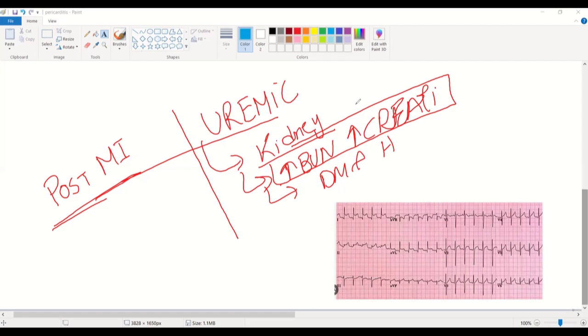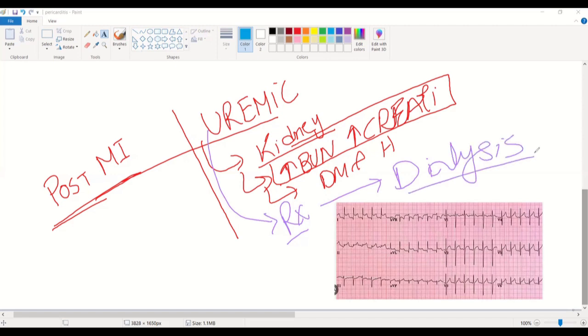So how will you treat uremic pericarditis? This is again a high yield point. Dialysis, right? So you have to extract this kind of information from the clinical vignette.